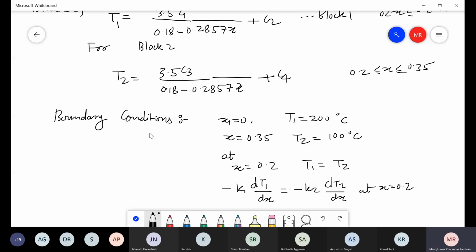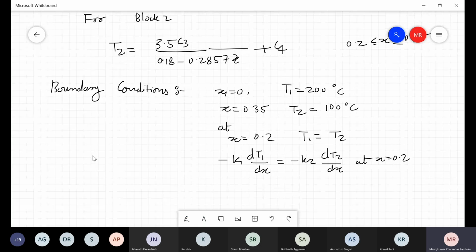Anybody got the values of constants C1, C2, C3, C4? I am writing the values of constants C1, C2, C3, C4. Just check whether these are correct or not. We will not go ahead unless you confirm.